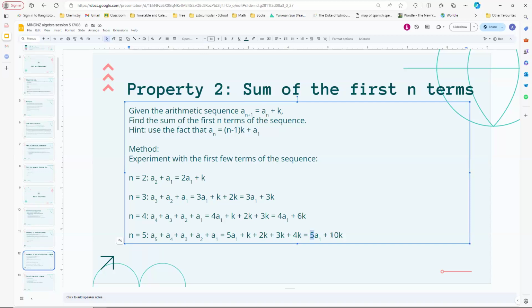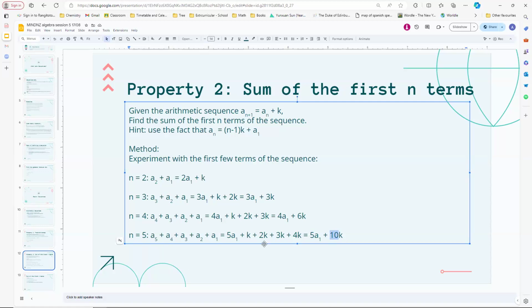But the coefficient in front of the k, which is our common difference here, looks to be the triangular numbers, right? It goes from 1 to 3 to 6 to 10. And that kind of makes sense if you look at what we're actually doing, because for example, for n equals 5 here, we're adding k plus 2k plus 3k plus 4k, which comes from the second term, third term, fourth term, and fifth term respectively, right?